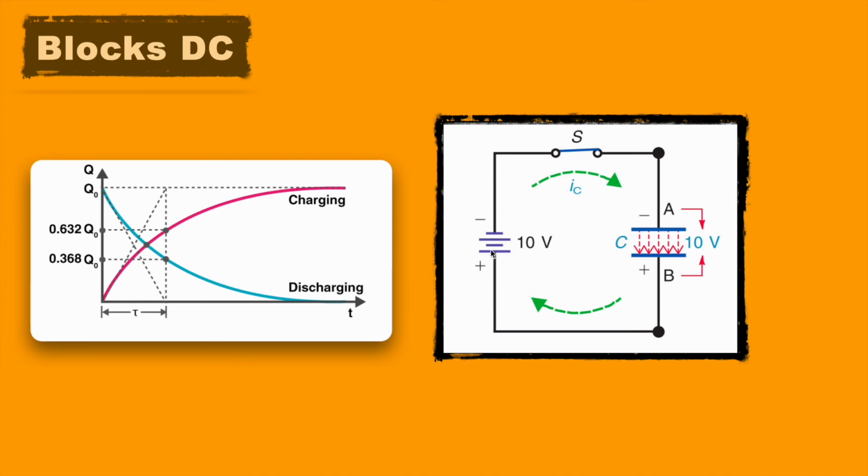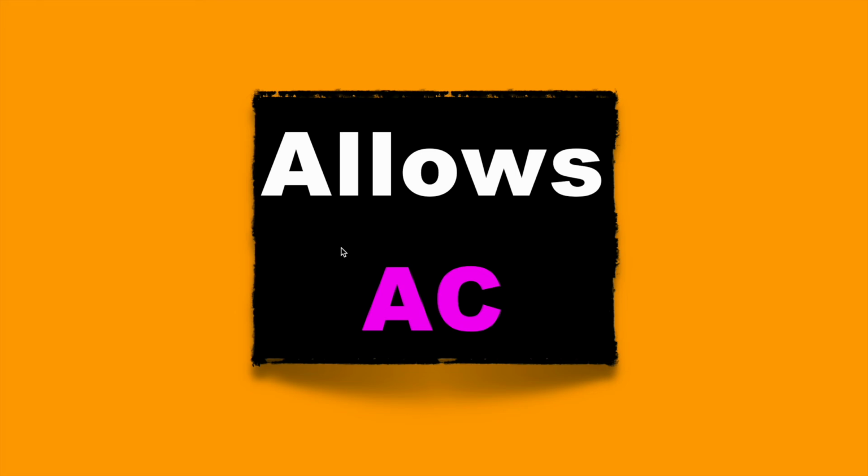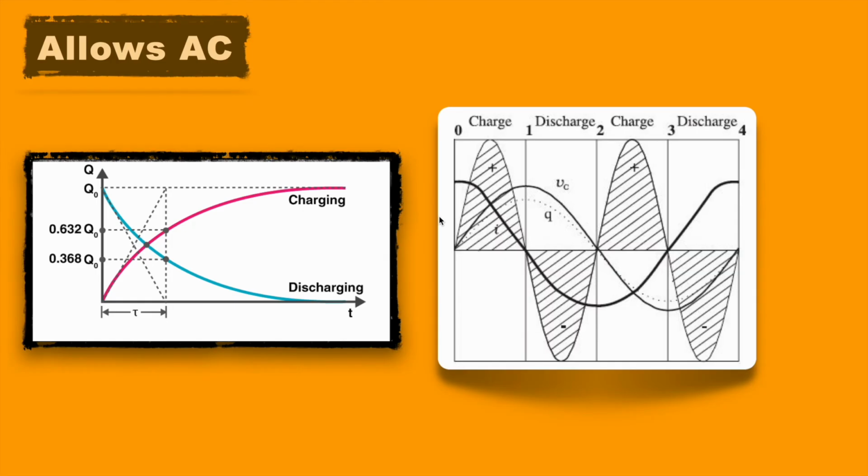Now let's see how the capacitor is able to block DC. When it is connected to a supply voltage, it accumulates charge on its plates, and once it is fully charged, it blocks the charge flow and works like an open circuit. This is the reason the capacitor blocks the DC signal, or we can say it blocks low frequency signals, and it allows AC, because in an AC signal the amplitude of voltage as well as the polarity changes with time.